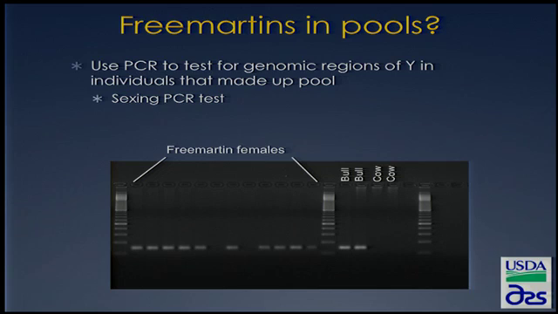So what we did was we took pools of freemartins, ran them on the chip, and we saw a similar thing, where we do see Y chromosome or Y SNP in these females. So then we did our sexing test on each individual, and most of them do light up for the sexing test. And again, we had the 2 bulls and 2 cows that are clean.